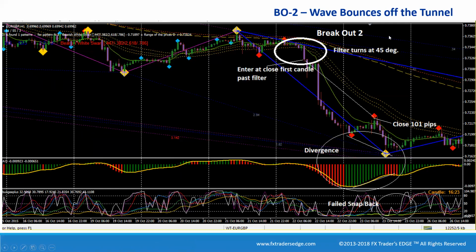But you can see the breakout 2, where the wave, which is dotted yellow, comes back to the tunnel, circled in white, and then the filter turns down. His notes say filter turns at 45 degrees, the wave bounces off the tunnel, enter at close, first candle past the filter, so that would be right here.